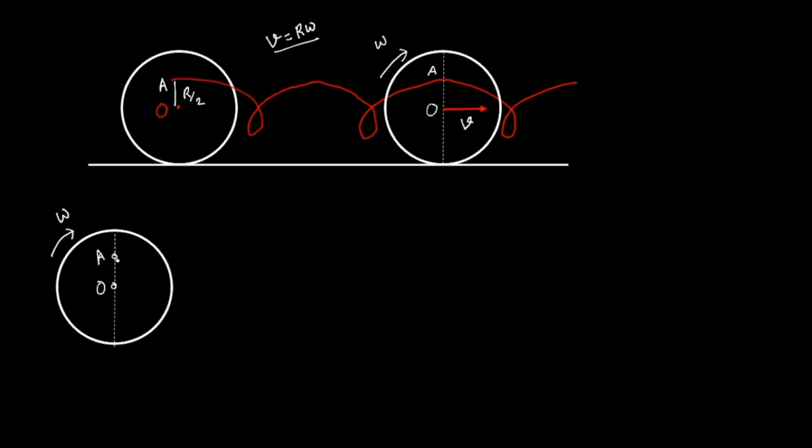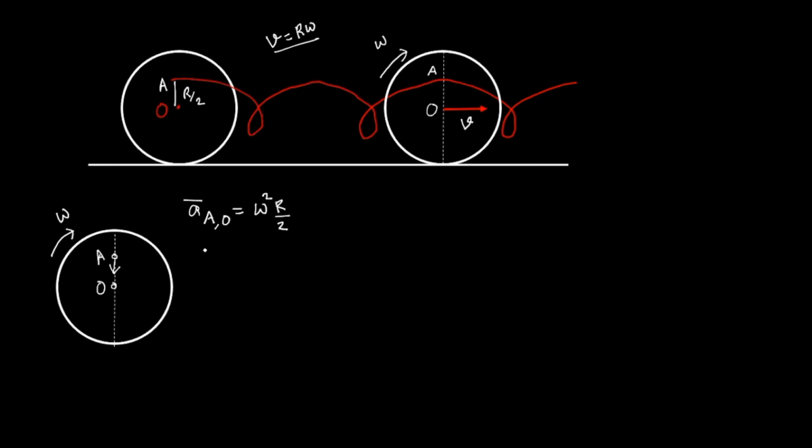Now what is the acceleration of A with respect to O? The acceleration will be in the radially inward direction, and it will be centripetal acceleration. That means we can write: acceleration of A with respect to O is centripetal, omega square r/2. And what is the acceleration of O? You see, O is moving with uniform velocity.